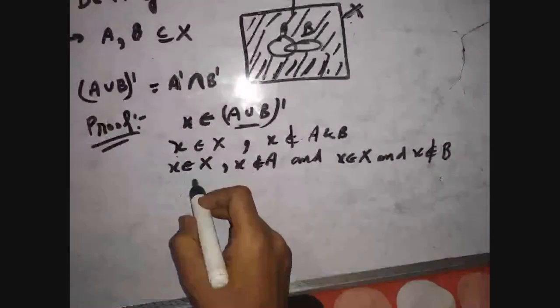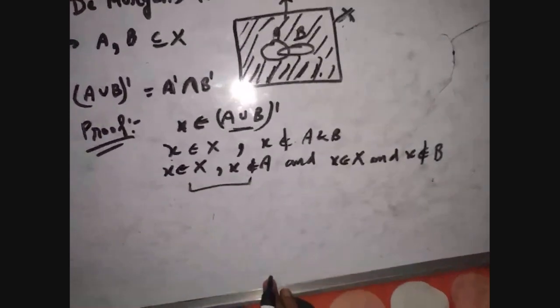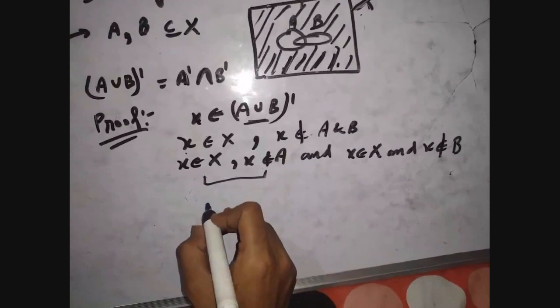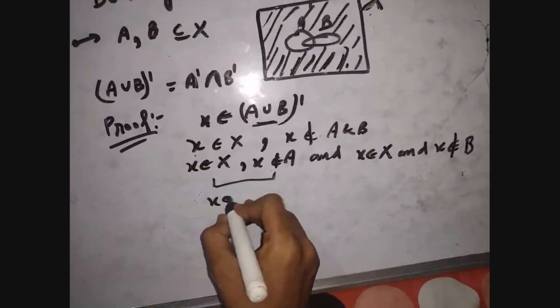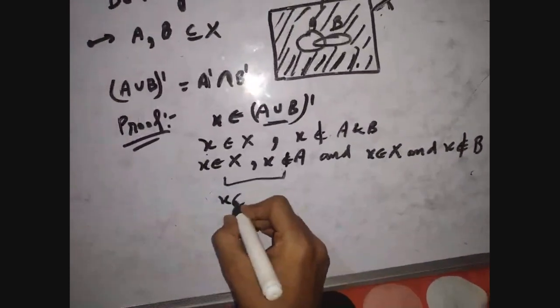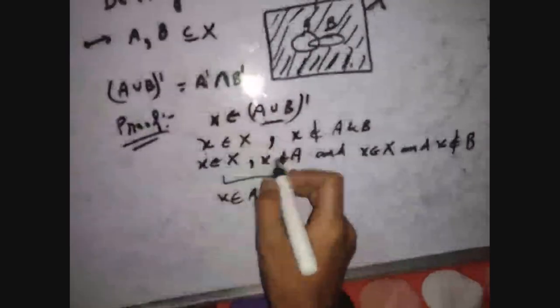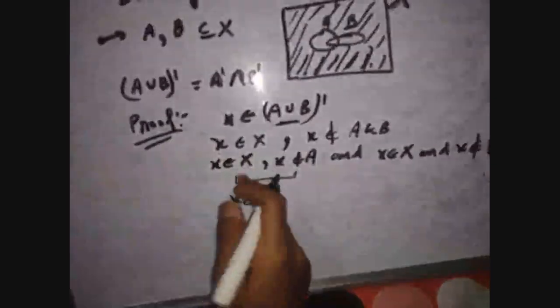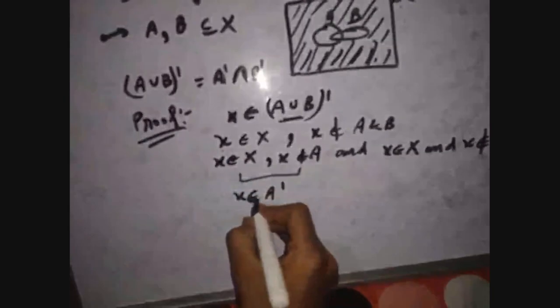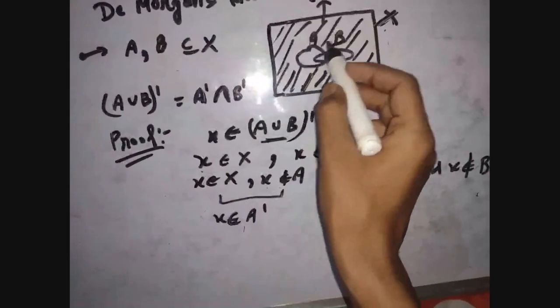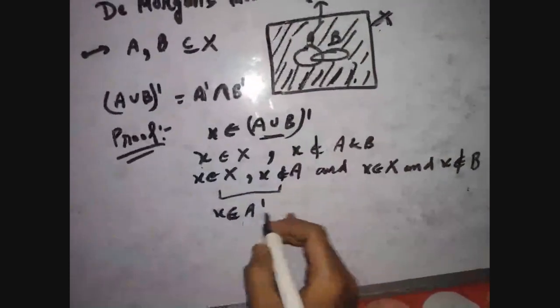Using these two statements we can write that x belongs to A complement. What does it mean? x is an element that is not part of A but that is part of X. So we can define that x is in A complement.